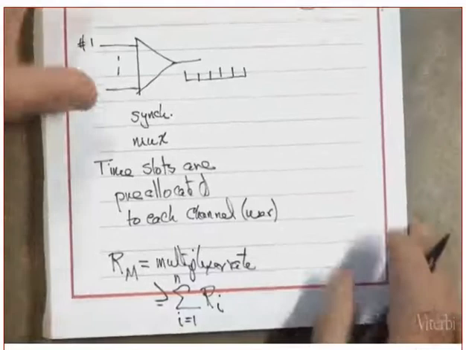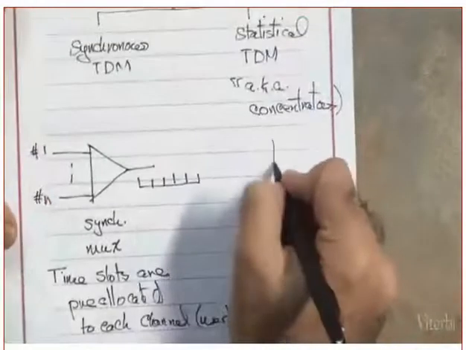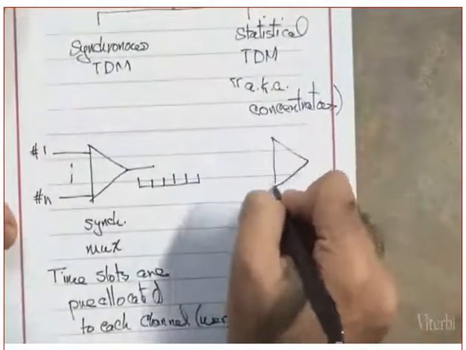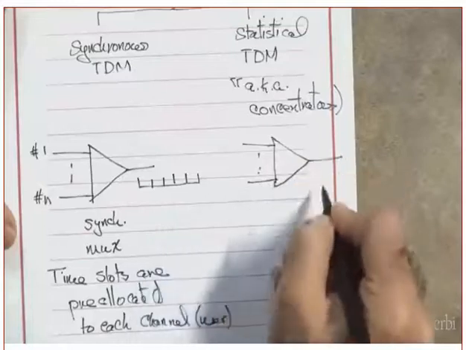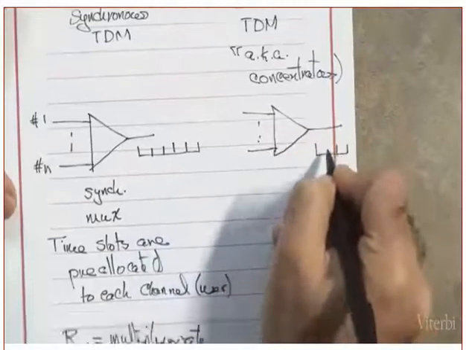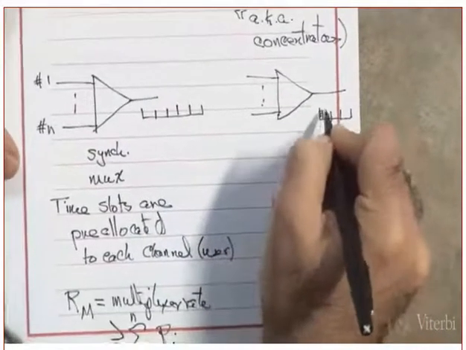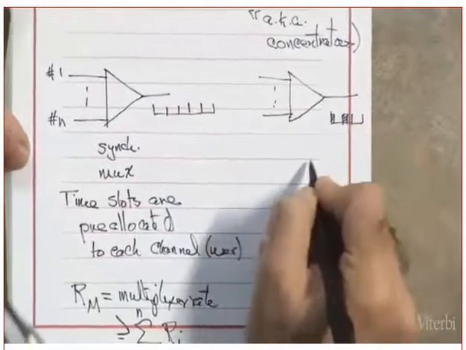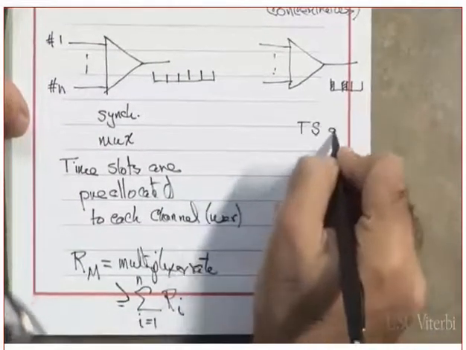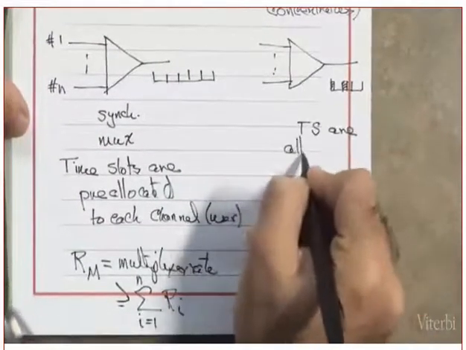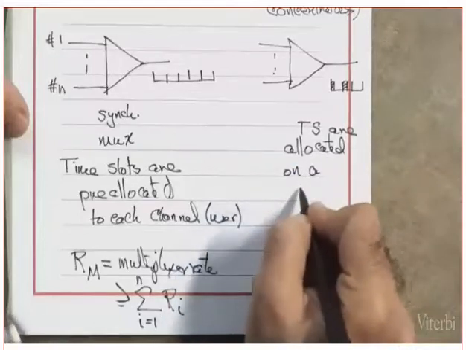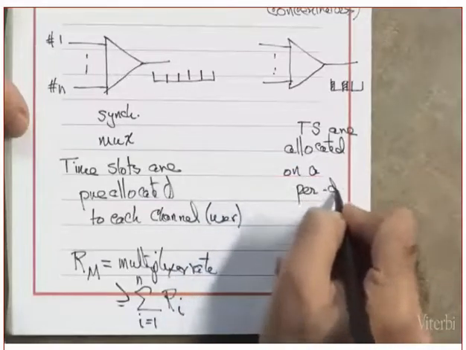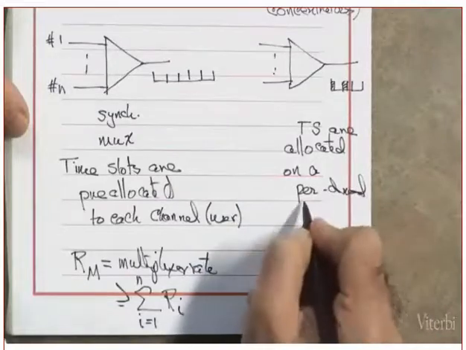Clear? Okay. What is the statistical MUX? Same thing, but the time slots are now allocated on a per demand basis.